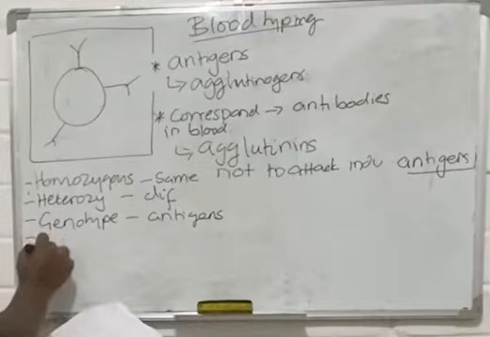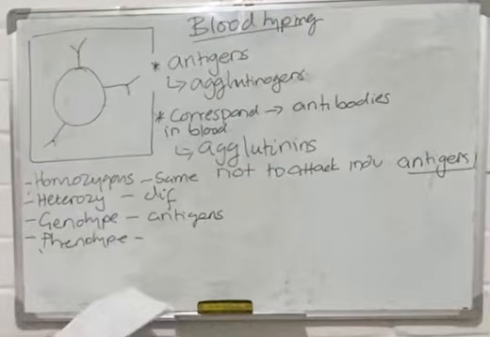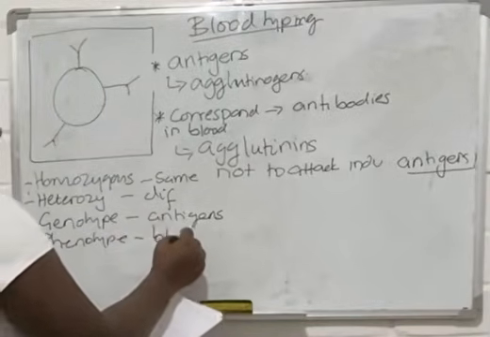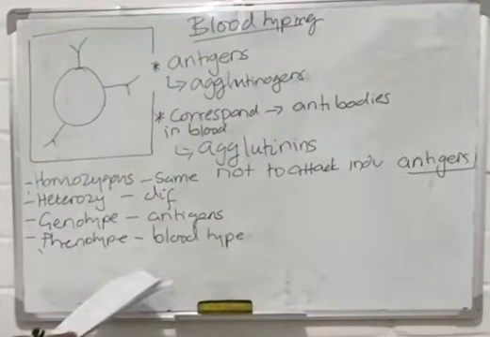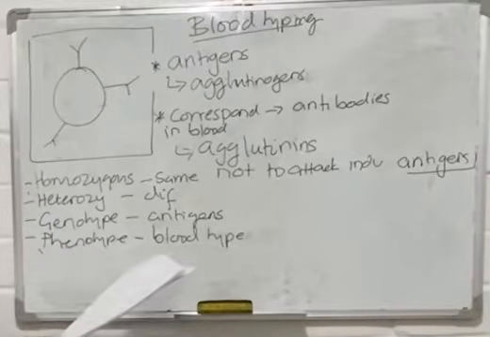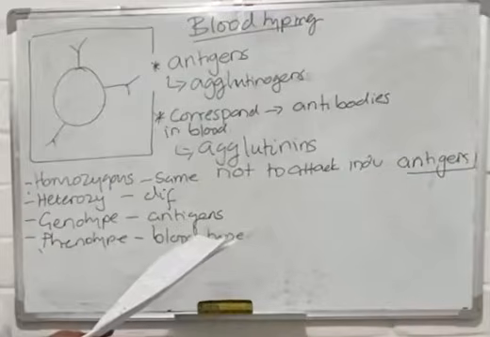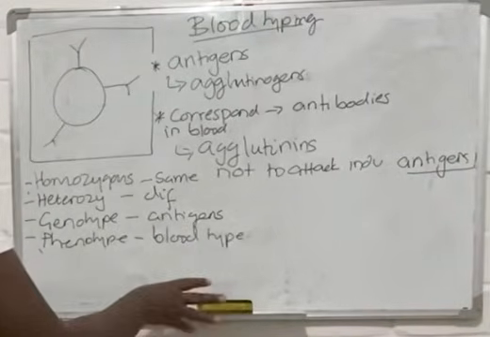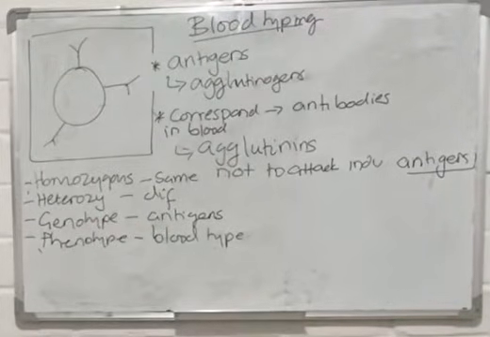And then phenotype will be referring to the physical appearance, or in this case, the blood type, okay? And then you could discuss right now with your friend what dominant, recessive, and antibodies are. Okay, so I'll give you a second to just make sure that all those notes have been taken down.